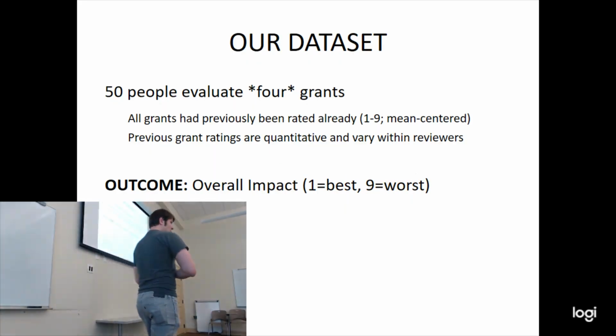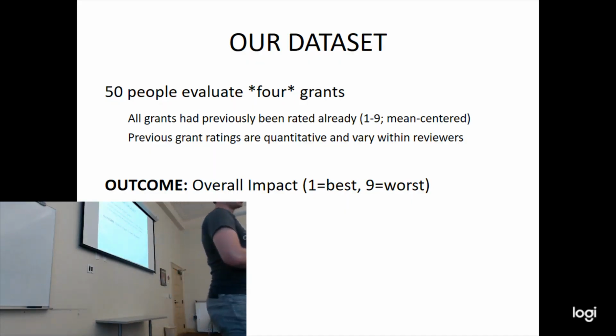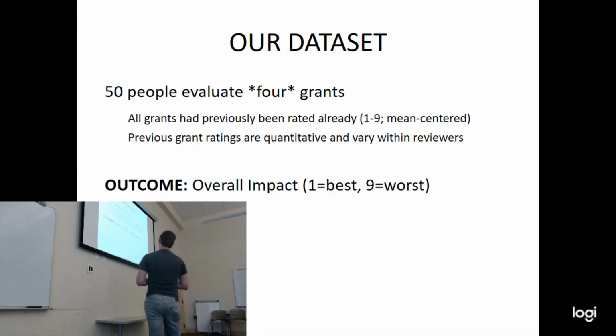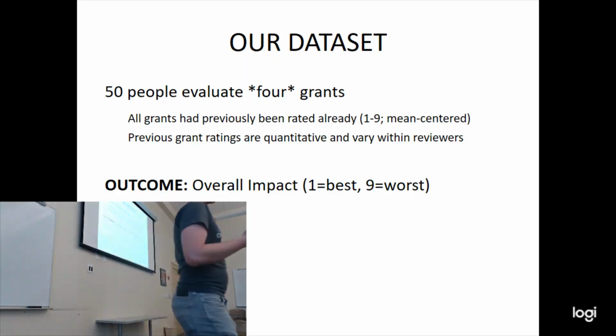So to motivate this new unit, we're going to work with a slight variation of the same problem of looking at grant reviews. What's new in this particular data set that we'll start with is we still have 50 people who are evaluating grants of various types.